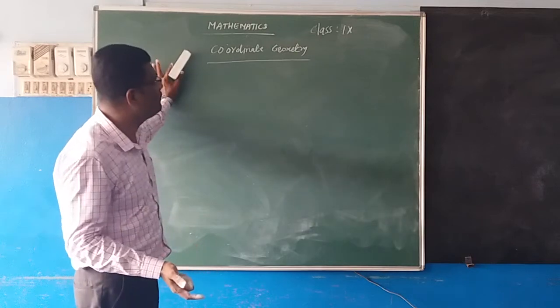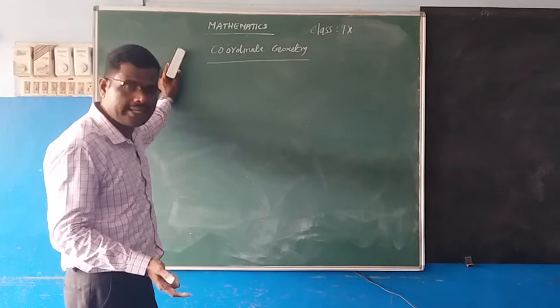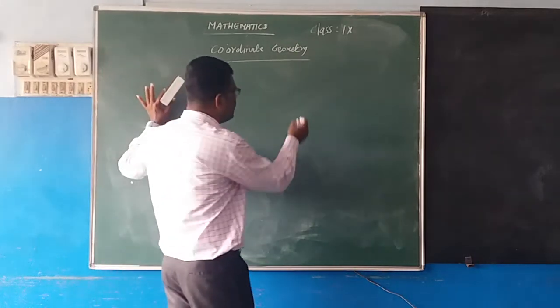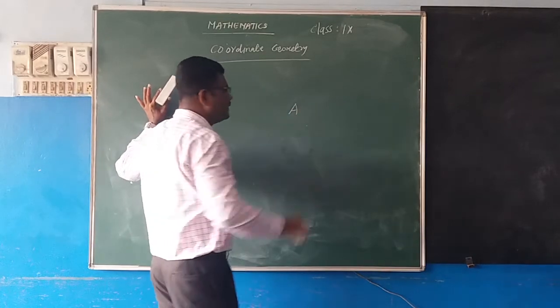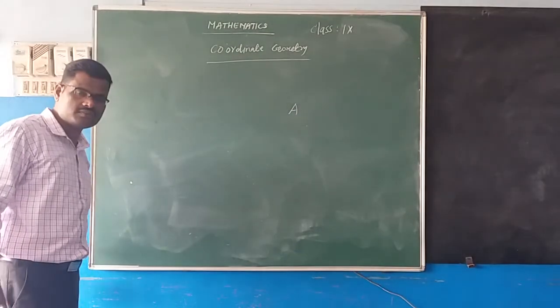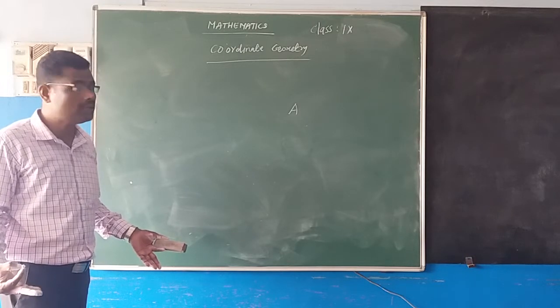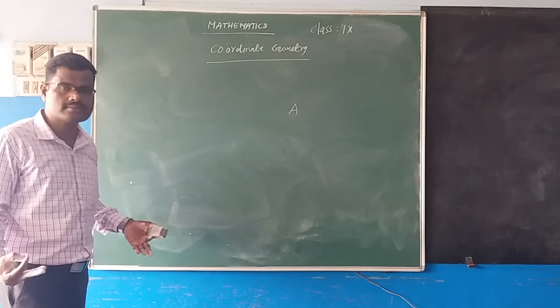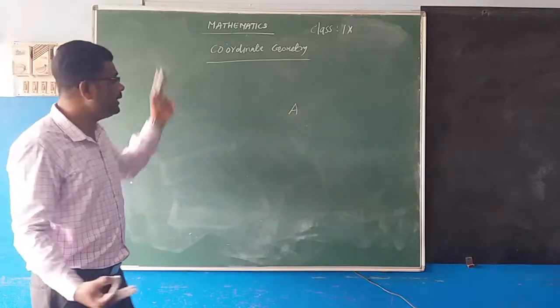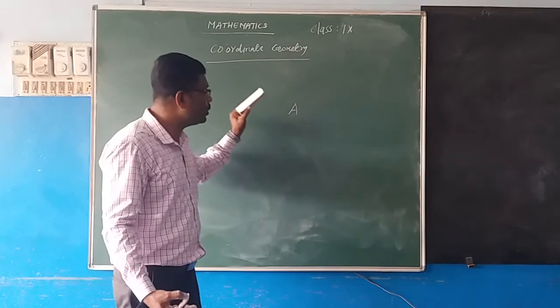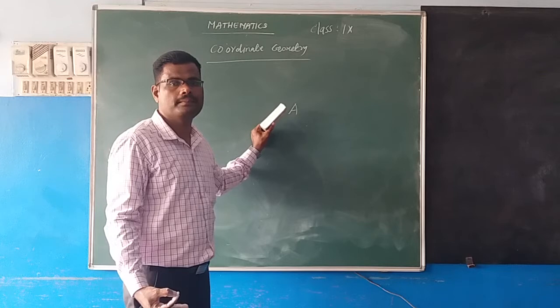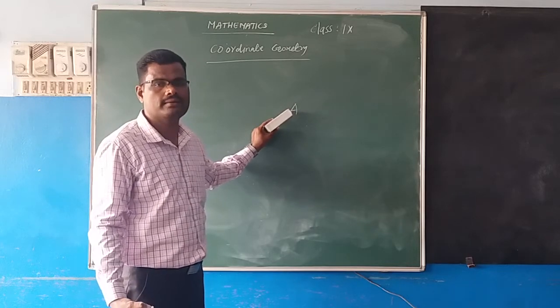For example, this green board is a plane. I will mark a point A. Can you say the position of this point A? Cannot, because it is difficult to locate the position of point A in a plane.